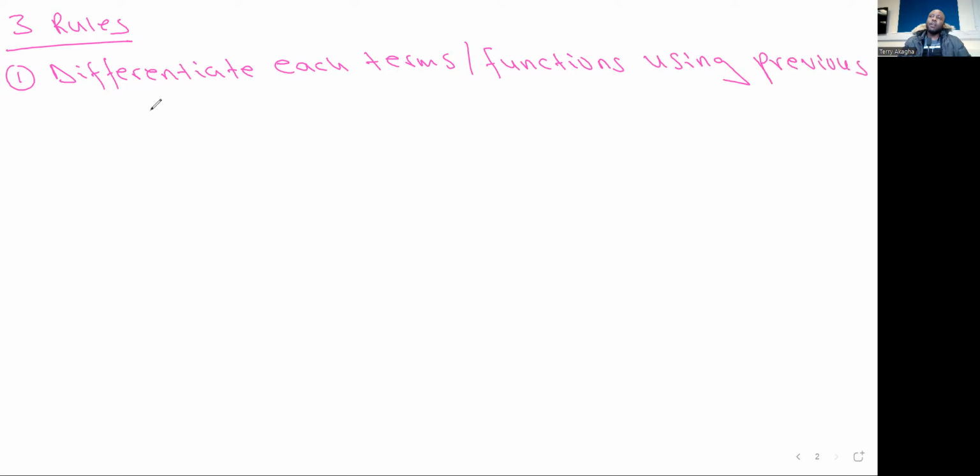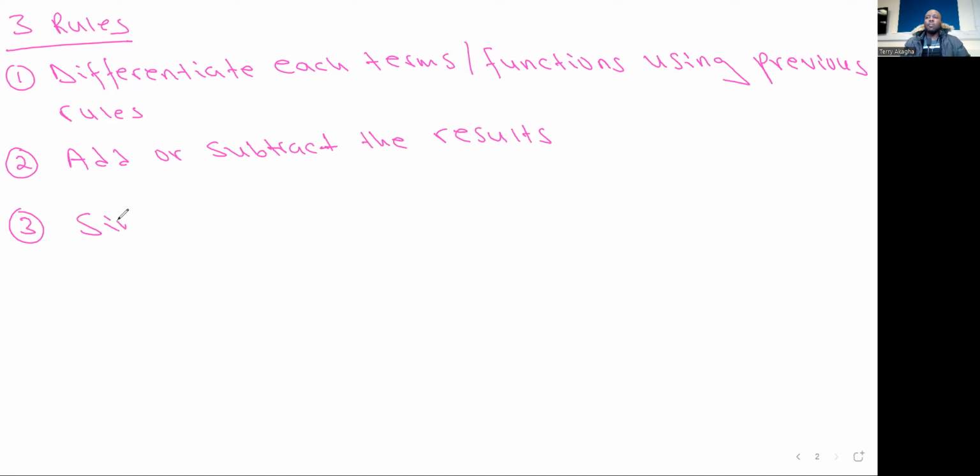So we've talked about different differentiation rules before. Then after you're done with that, you then add or subtract the results, depending if you're adding or you're subtracting the functions. All right. Then after that, number three, you simplify.